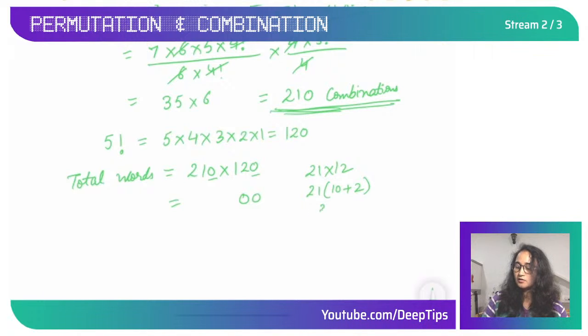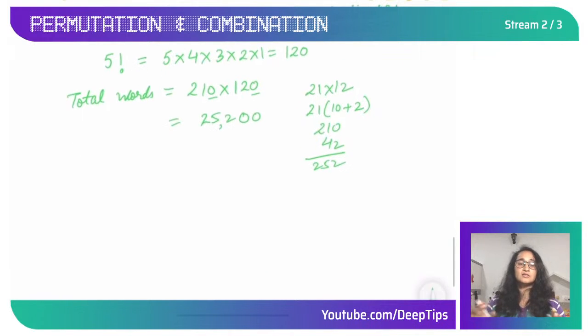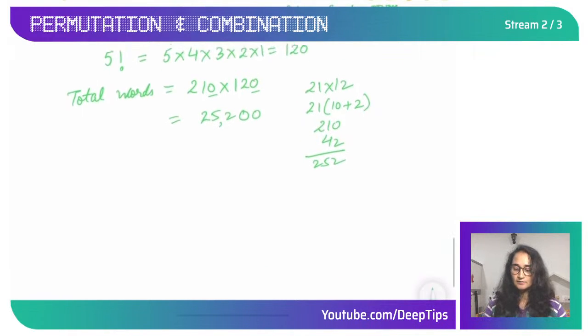So 21 into 10 gives me 210, and 21 into 2 gives me 42. So this is 252. So I can write here 25200. So this is my answer, how many words are possible? 25,200 words. Okay, so this was a tricky question which is generally asked in board exams.